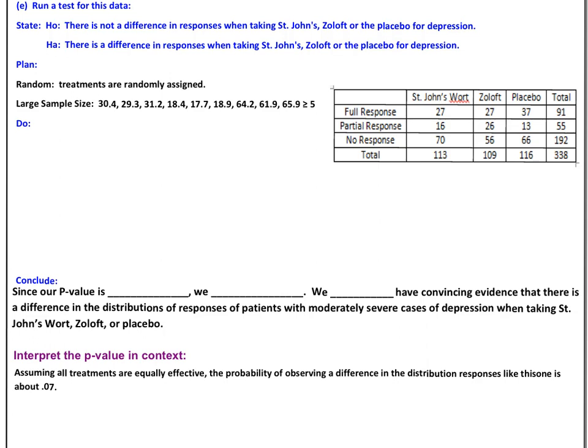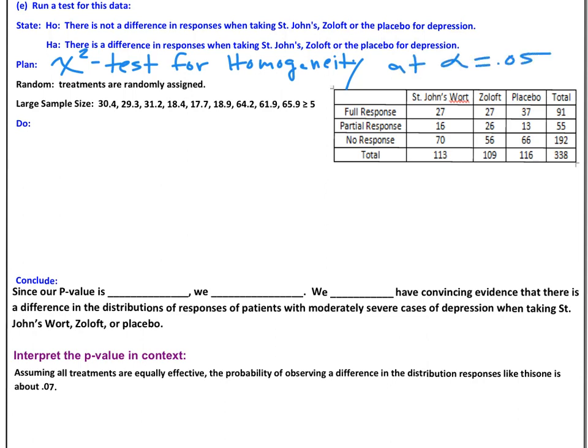For the plan, this would be a chi-squared test for homogeneity at alpha 0.05. Treatments were randomly assigned. That was described in the problem. There, of course, are those expected counts. Again, hold off on how we found all those, but I'll show you on the calculator how we'd get those.